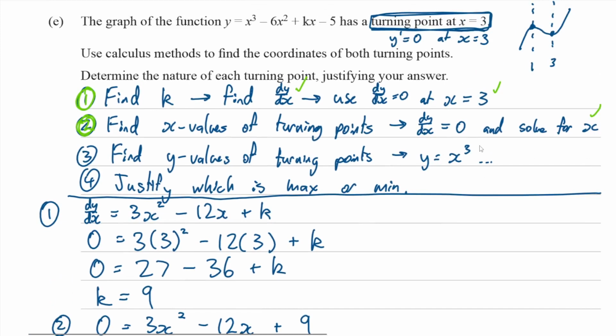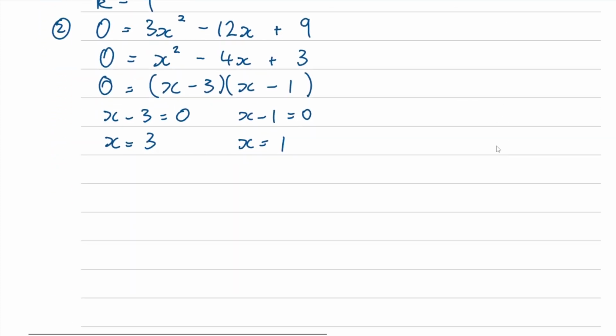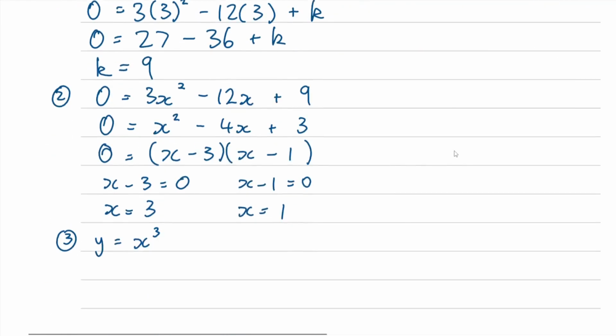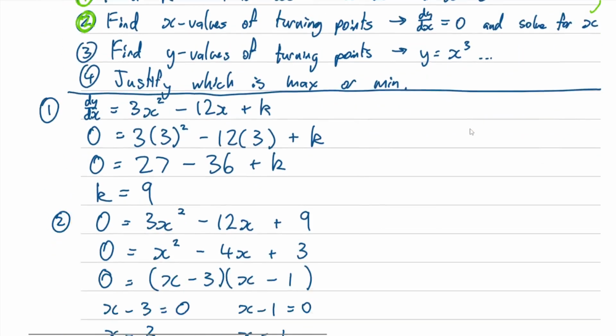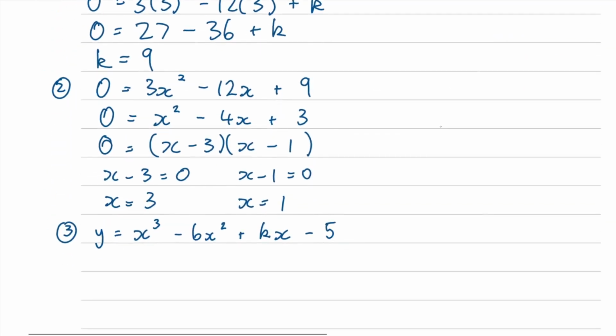So that's substituting our x values into the original formula to find the y values. x cubed minus 6x squared plus kx minus 5. And we found k was actually 9, so we can substitute that in.